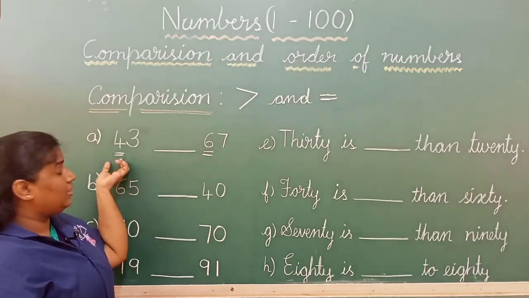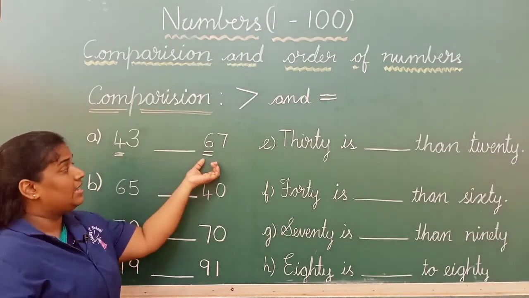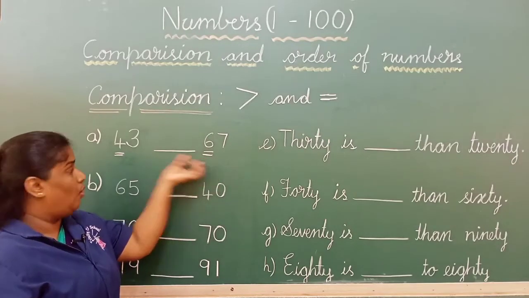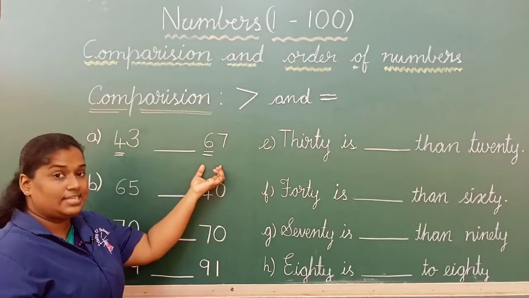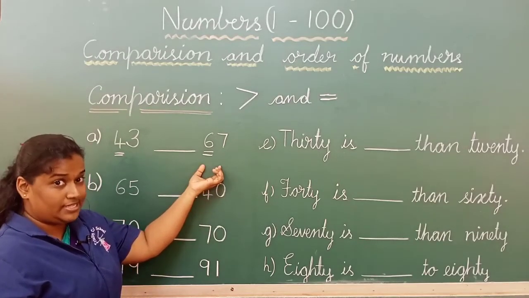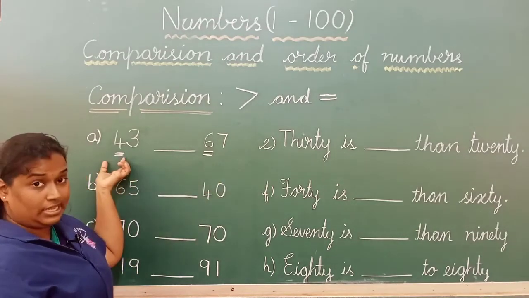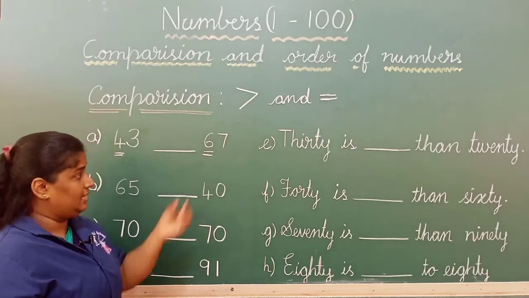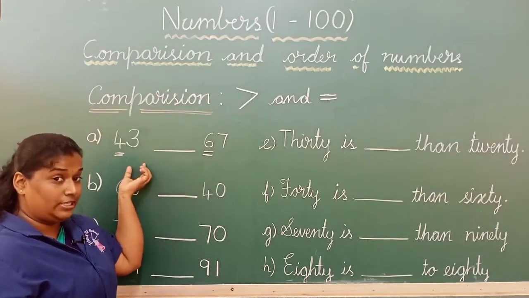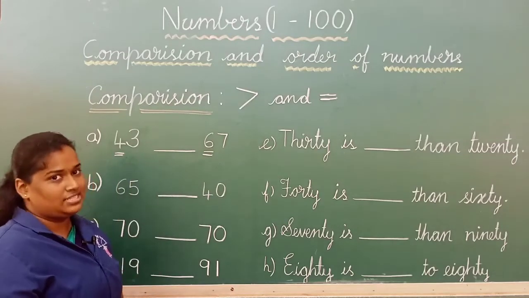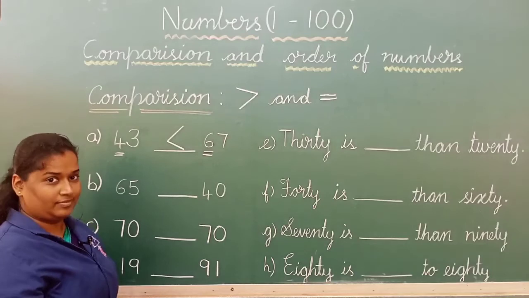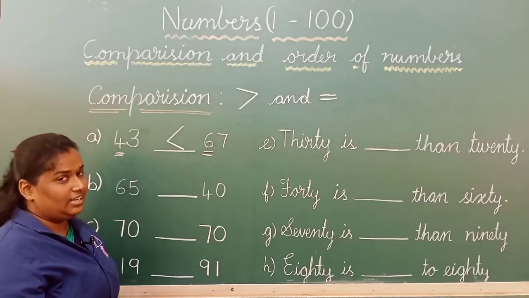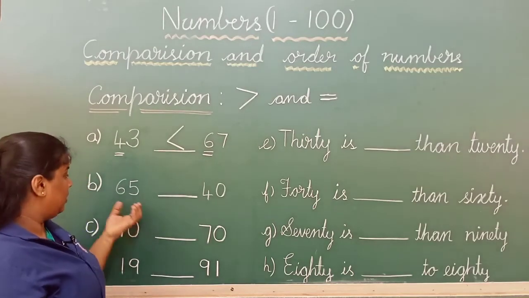Here 4 tens is smaller than 6 tens, so 43 is smaller than 67. So let us use the symbol. 43 is smaller than 67, so 43 should get the close side of the symbol. Is it correct? Let's move to the next question.